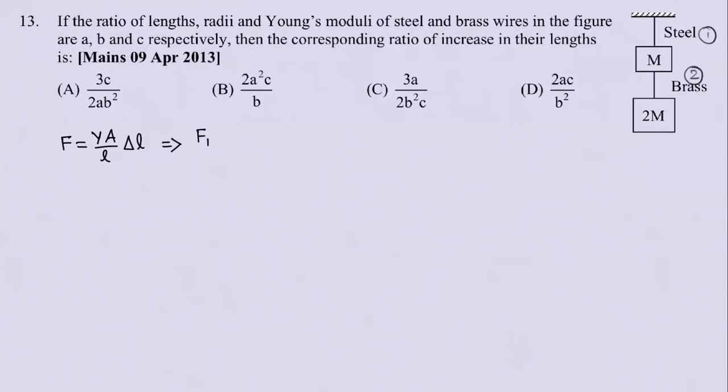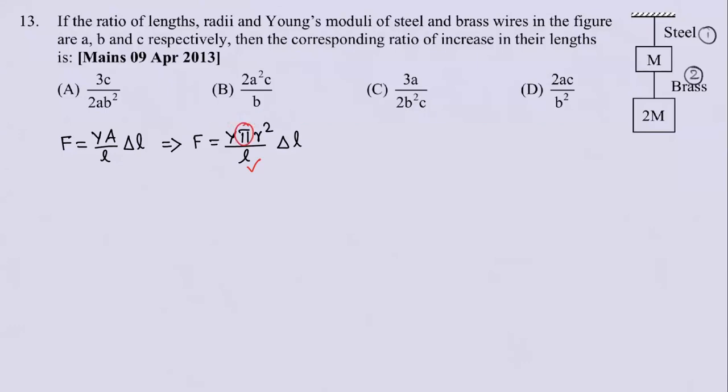Let me write the formula perfectly because the radius ratio is given. F is equal to Y into pi r square by L into delta L. They gave the ratio of radii, ratio of length, and ratio of force is also given in the diagram. Only thing which is constant is pi.